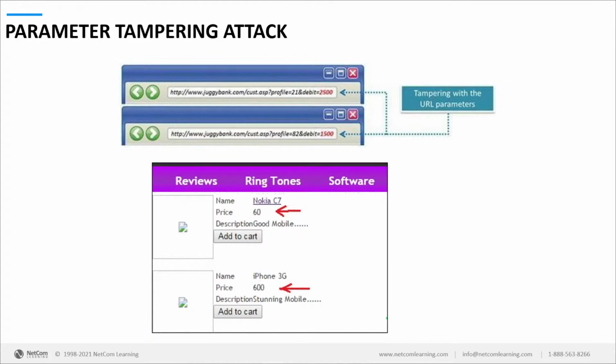And so a person might actually buy something for $600 and change that price to $60. I've even seen it on some really poorly developed sites where they put in a -60, so that not only did you get the phone, but you got $60 back. Maybe $600 back.